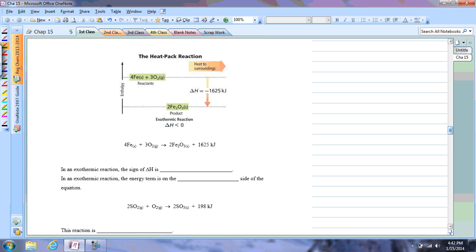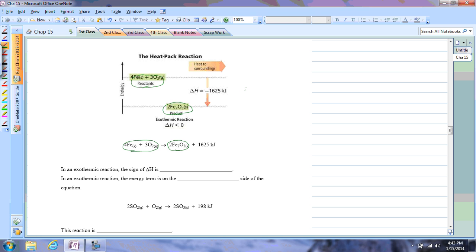We can show this graphically by the following reaction. Here we have iron plus oxygen, which are the reactants, turning into iron(III) oxide, which is the product.